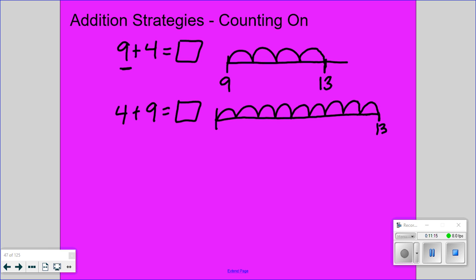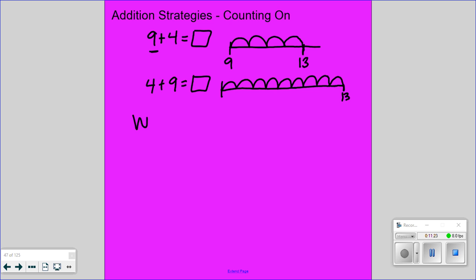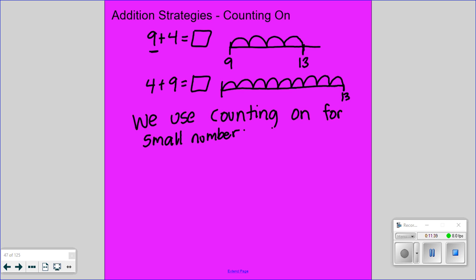In 3rd grade, this is important. We're going to write it down. In 3rd grade, we use counting on for small numbers, like 4 plus 9.